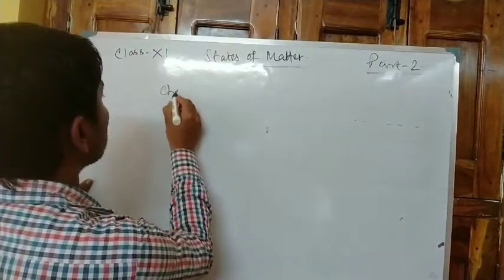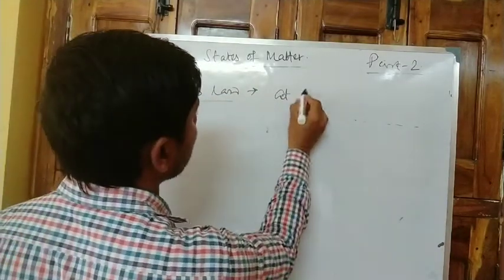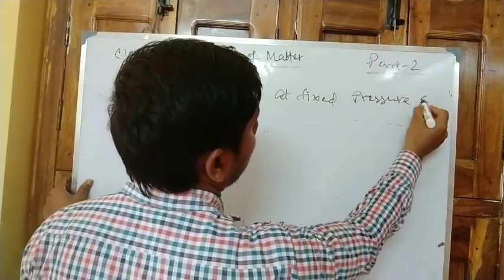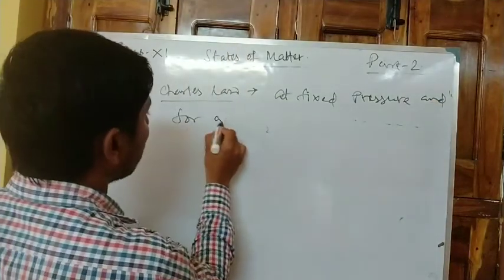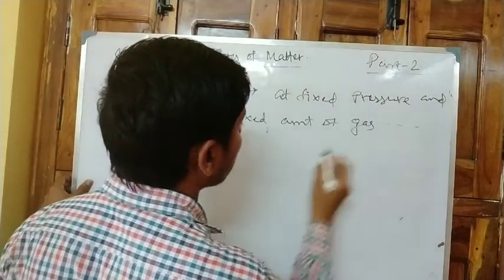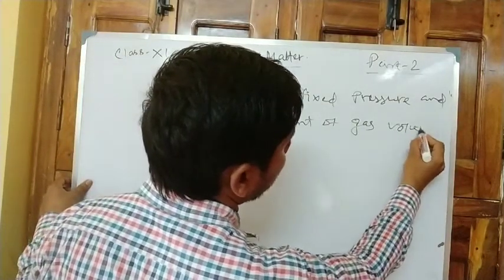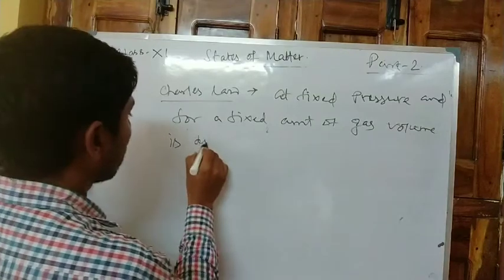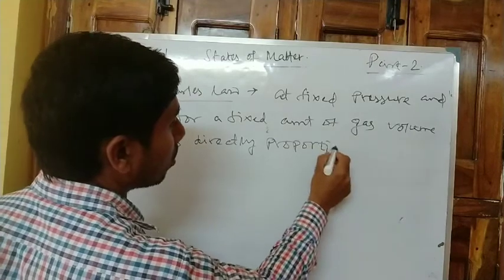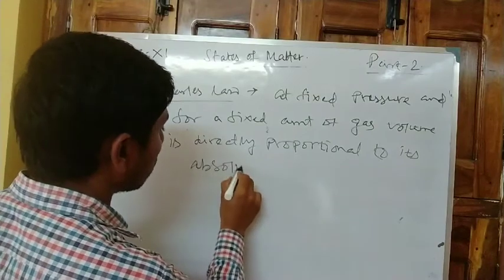So Charles' law: at fixed pressure and for a fixed amount of gas, volume is directly proportional to its absolute temperature.